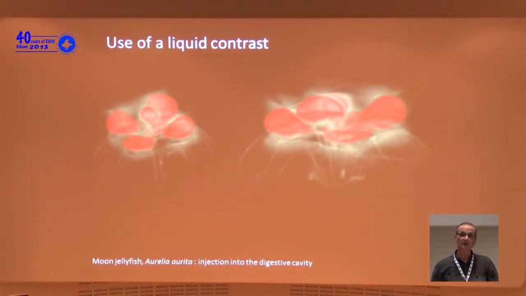We can also use liquid contrast. Liquid contrast is a liquid with iodine, which brings an opacity, and here we inject the liquid contrast into the digestive cavity of Aurelia aurita.